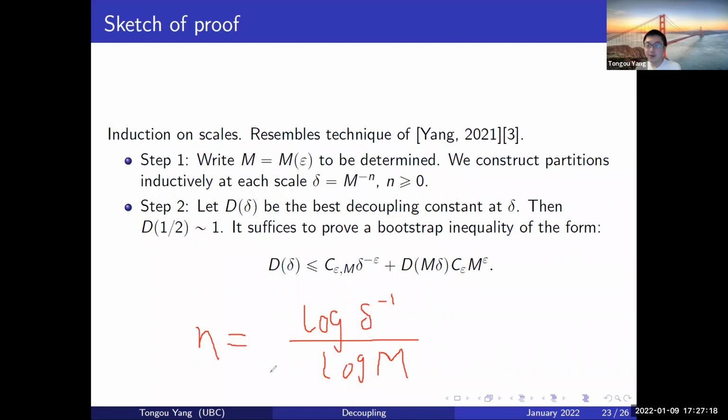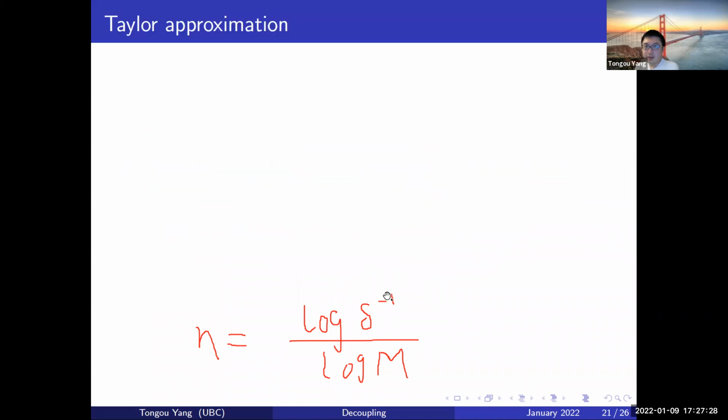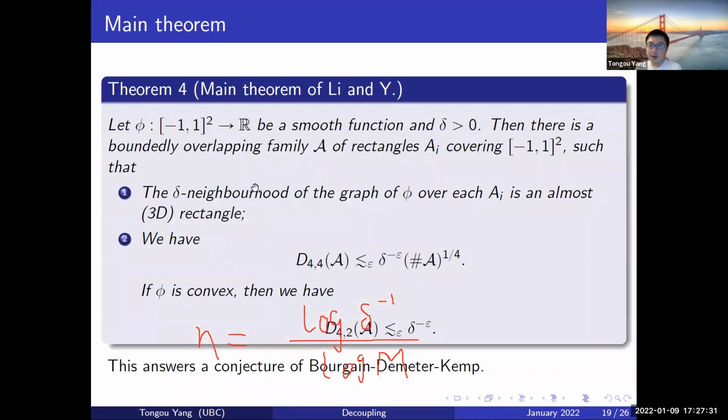So after we have applied the iteration this many times, we can get the final result. And this is how we prove the main theorem of this decoupling for smooth functions.